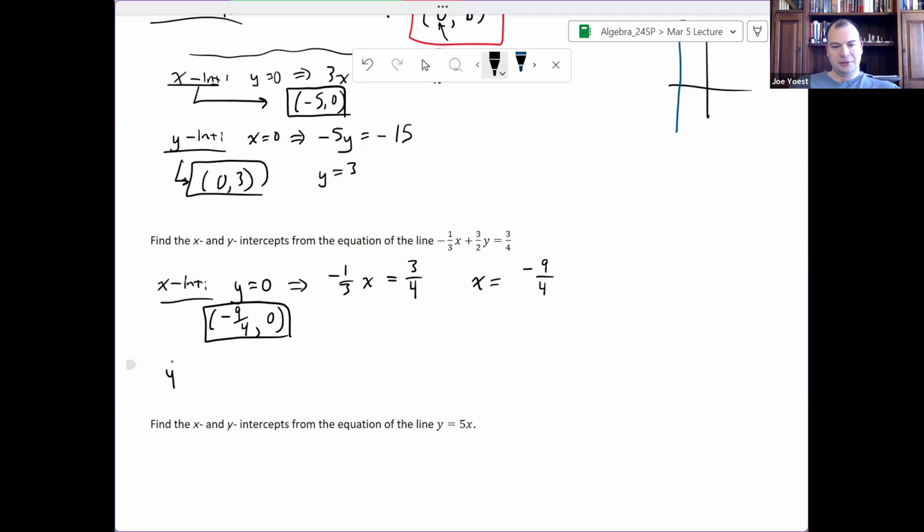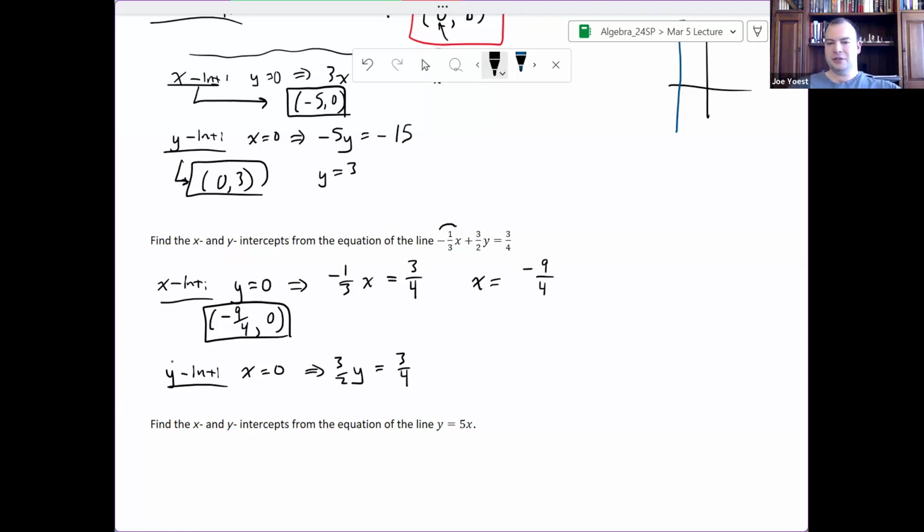Similarly, my y-intercept is the intersection of the line with the y-axis. That's when the horizontal component is 0, when x equals 0. That means this negative 1/3 x term becomes 0, and I'm left with 3/2 y equals 3/4.